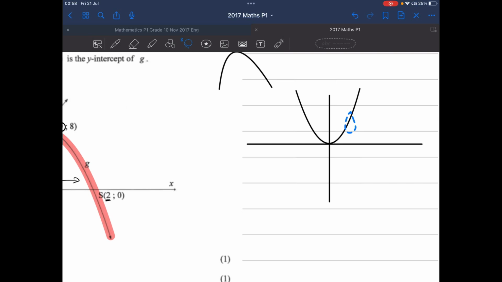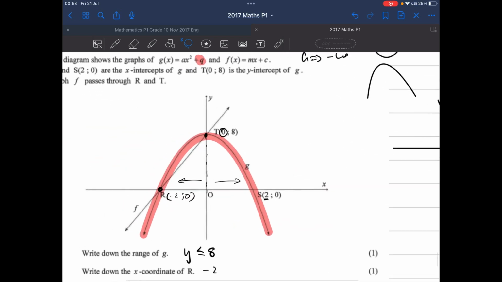This is if a is positive. Now if I move that up, so let's say I make q plus 2, it'll move up by 2 units. It started there and it moved up. Let's say I make q minus 5, it'll move down 5 units. So that basically determines the vertical shift.